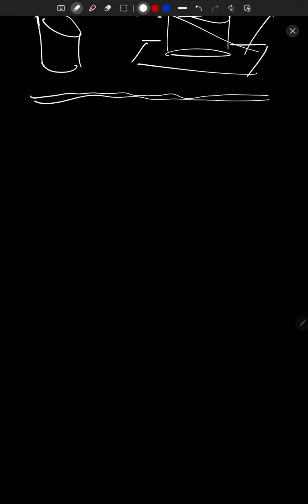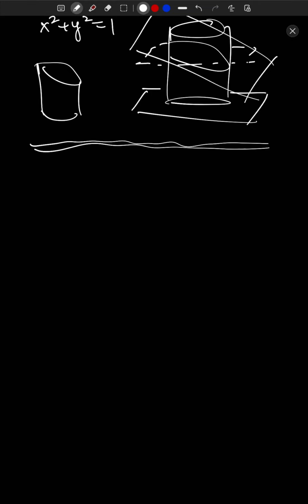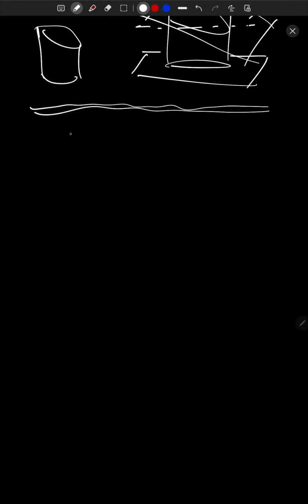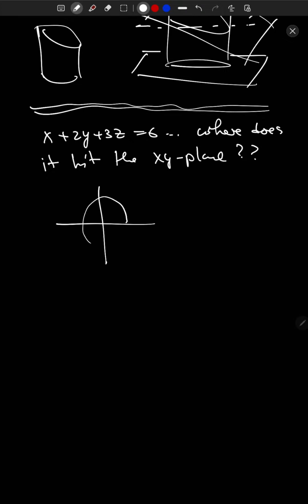So let's look at it in this way. To determine where the plane x plus 2y plus 3z equals 6 hits the xy plane is what we essentially want to find out, because if we look from above, here's our cylinder of radius 1.